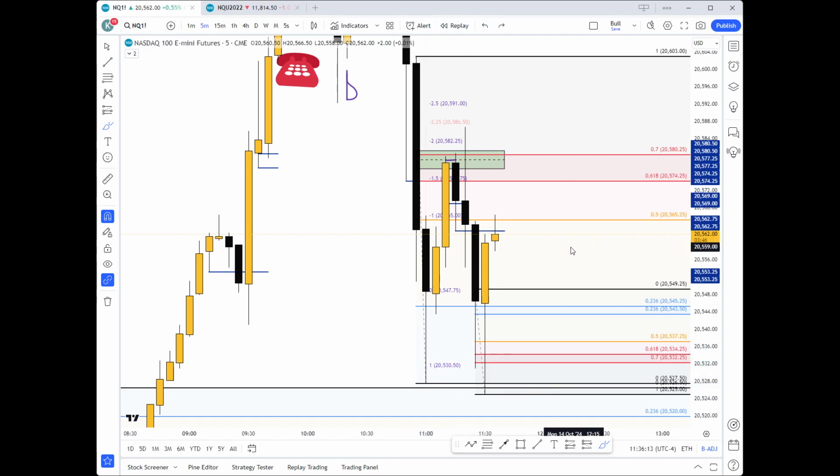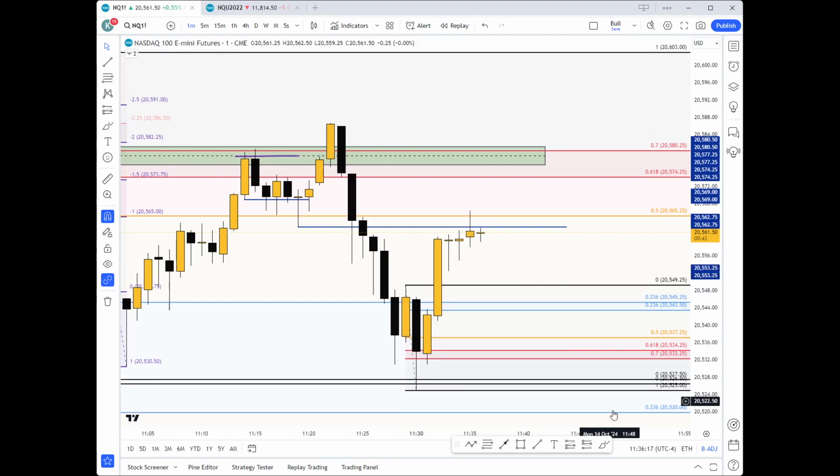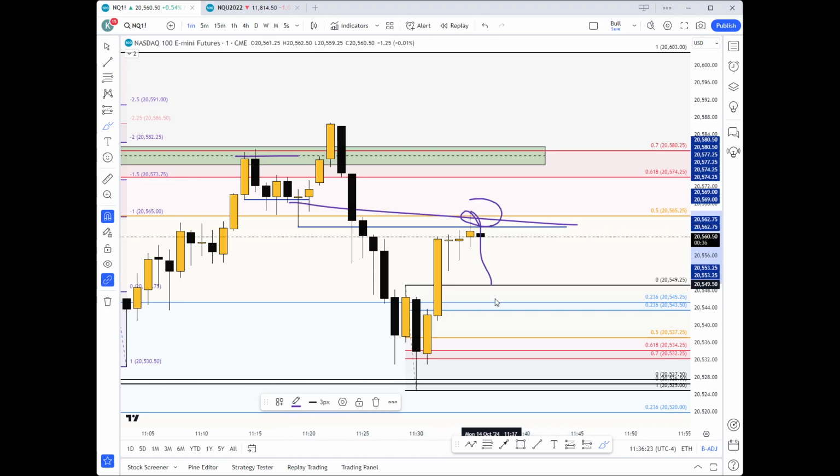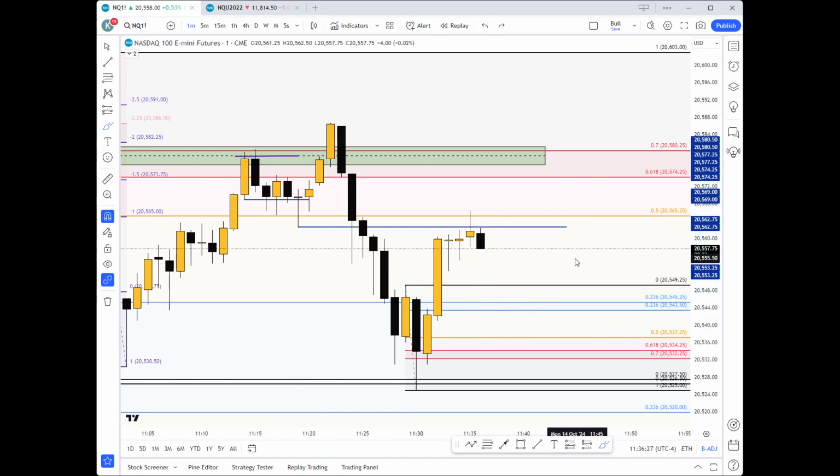Even though we failed underneath here. The narrative would be that we're looking for a reason to trade into this area of interest, to trade back down, to then potentially look for long.